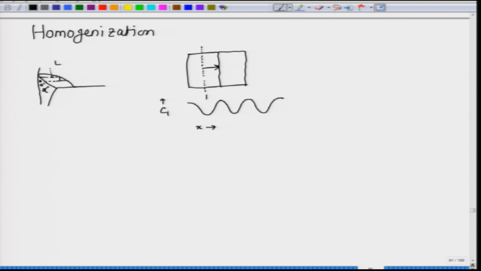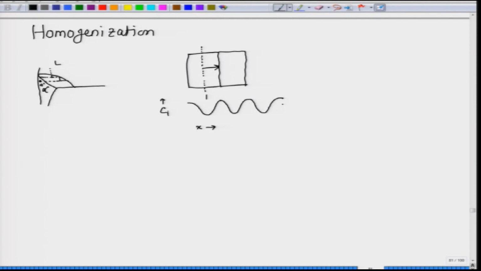Now, immediately after the solidification, the concentration profile may not be exactly sinusoidal like this, but there will be some kind of repeating variations, and as the homogenization starts, quickly, most of the time it will take the shape of a sinusoidal form. So, to start with, the distribution of concentration is given by this sinusoidal pattern.